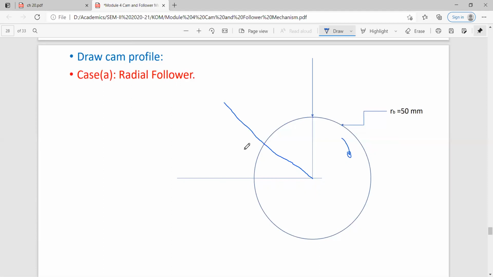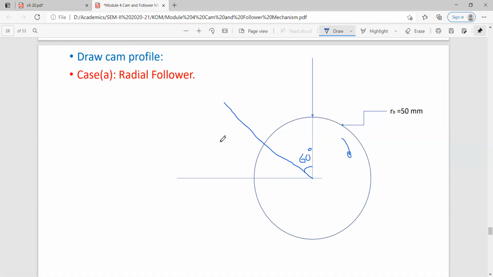This is the line which I will draw, and this is my angle of rise. The angle of rise is given to me as 60 degree.